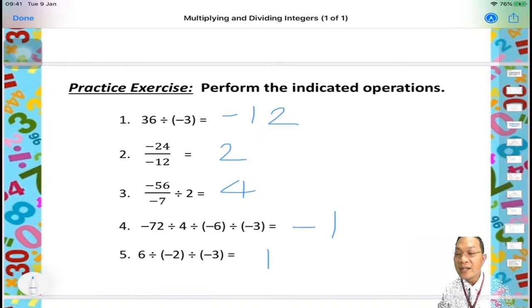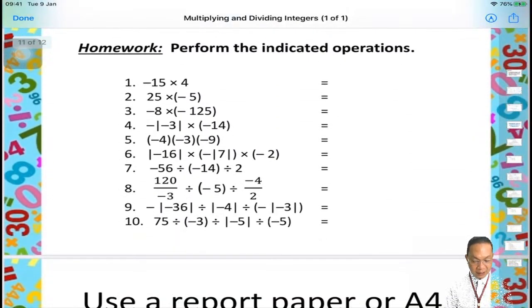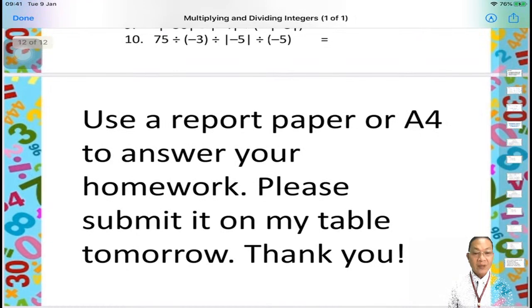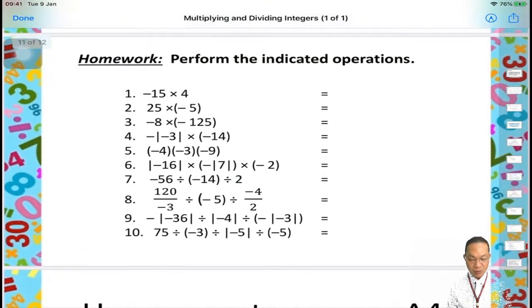All right, ready for the homework? Let's go. This is your homework. Use report paper or A4 to answer your homework, and please submit it on my table tomorrow. Thank you. All right, so this is your homework.